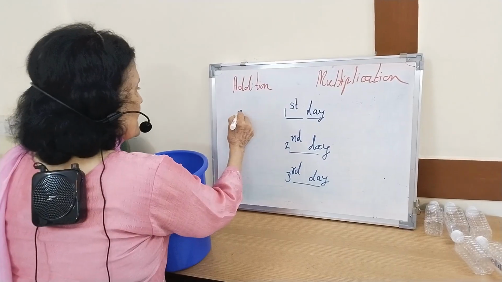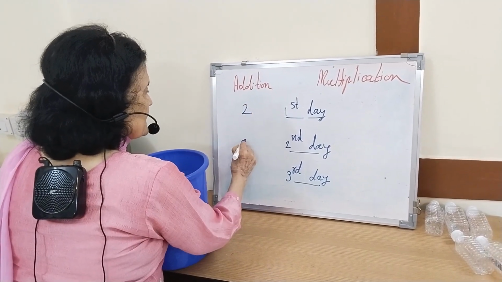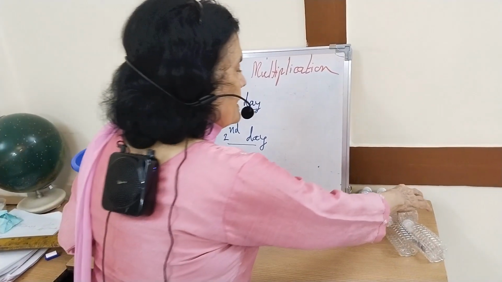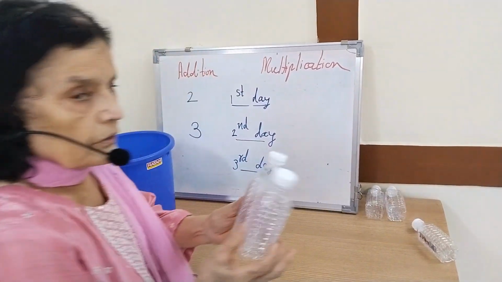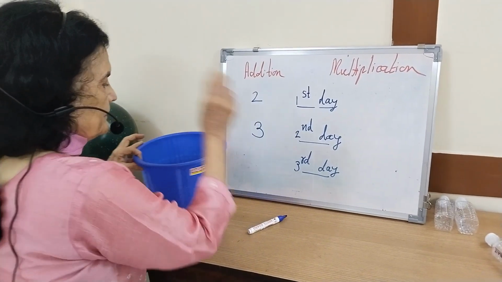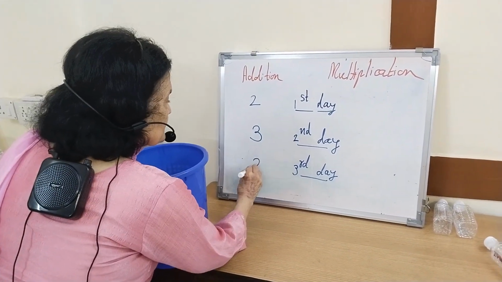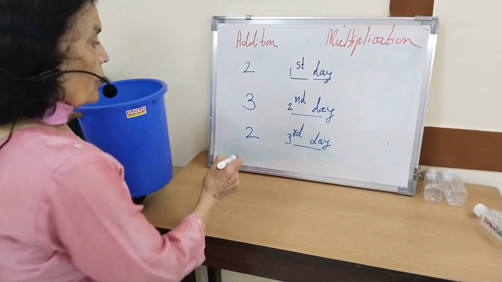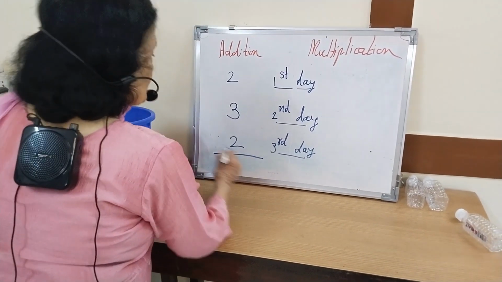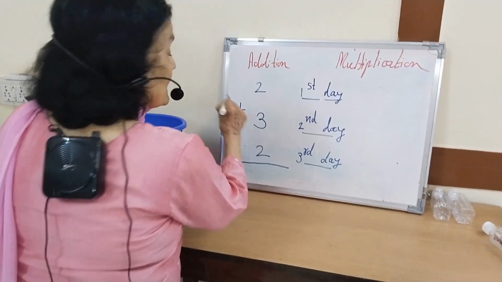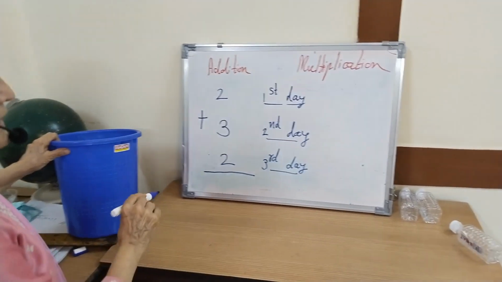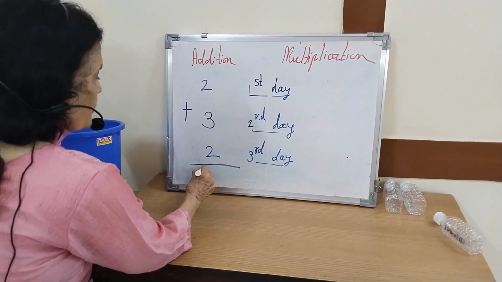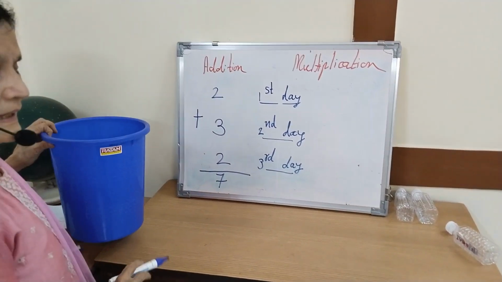So on first day I have put 2, on second day I have put 3, and on the next day, suppose if I again put only 2 bottles, that is on third day, then in this container altogether, means addition sign, altogether there are 3 plus 2 is 5, plus 2 is 7 bottles, right?